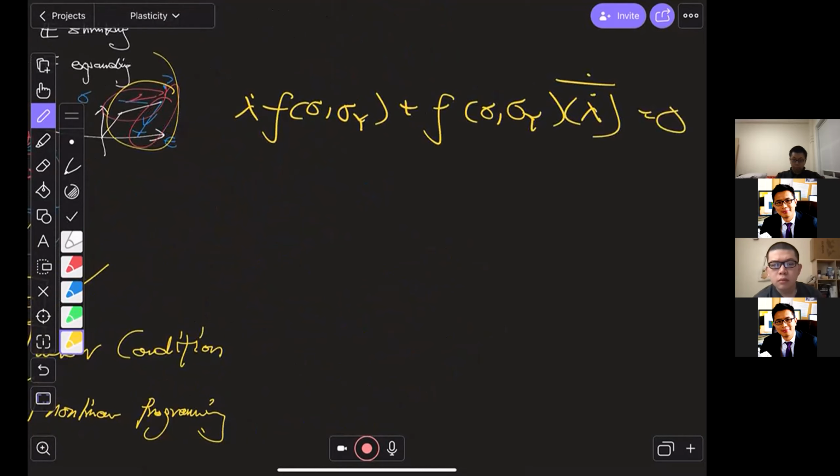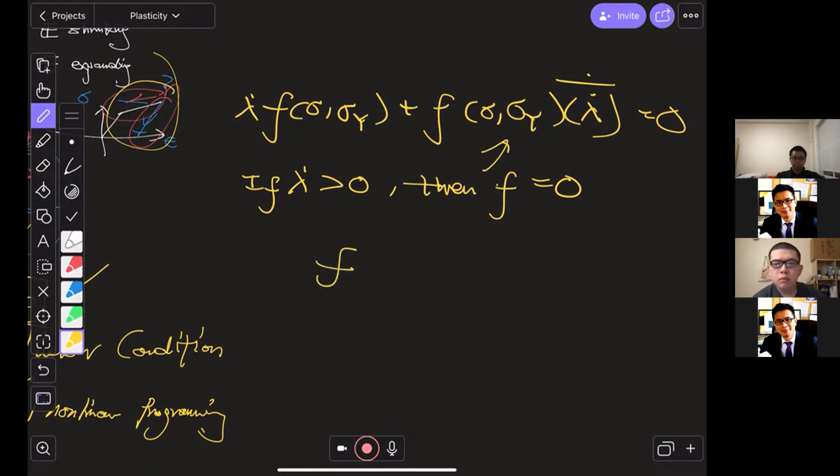Because we know lambda dot is greater or equal to 0, then by definition F is also equal to 0. Whenever I have yielding, F has to remain 0, right? So this term vanishes, and what I would have is that F dot is equal to 0. This is called the consistency equation.